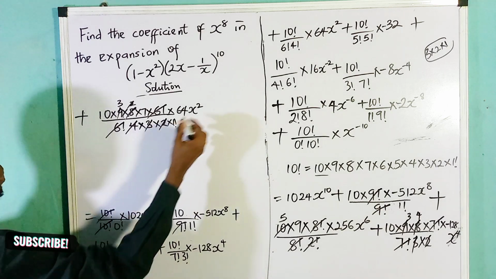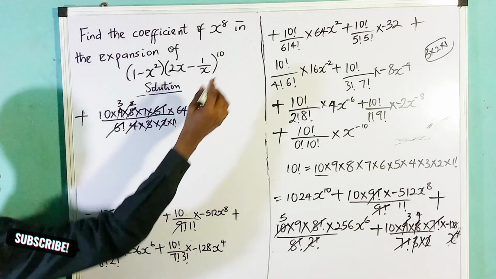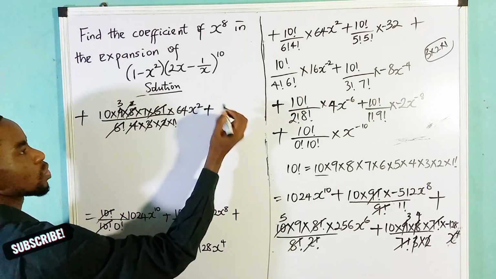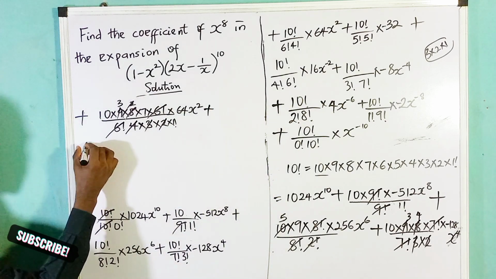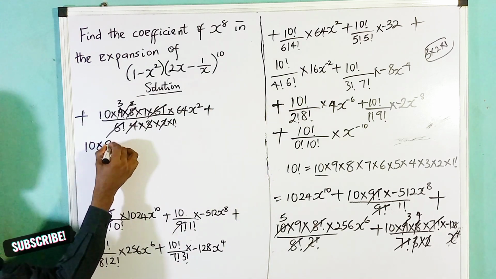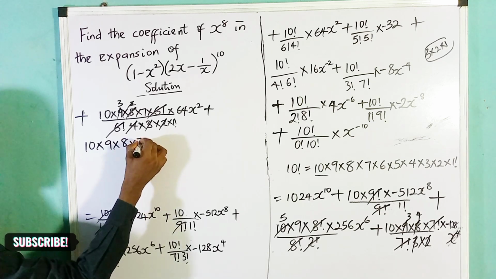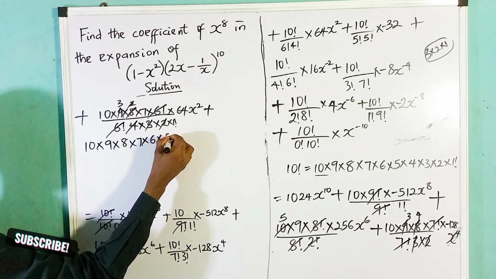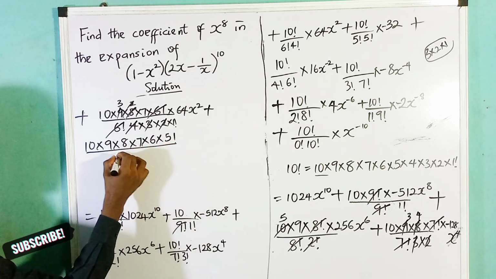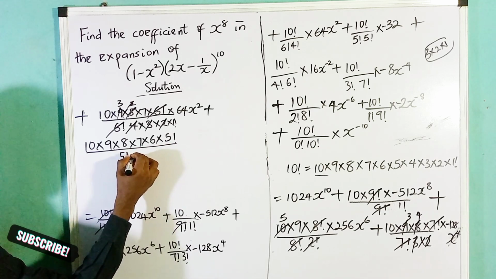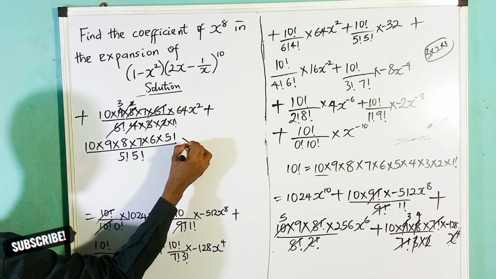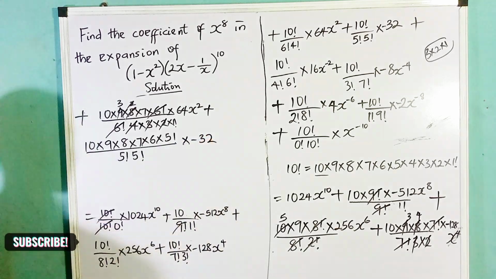Okay, so plus. The next one is 10 factorial over 5 factorial. I'm going to come to this side. 10 times 9 times 8 times 7 times 6 times 5 factorial over 5 factorial, 5 factorial times minus 32.